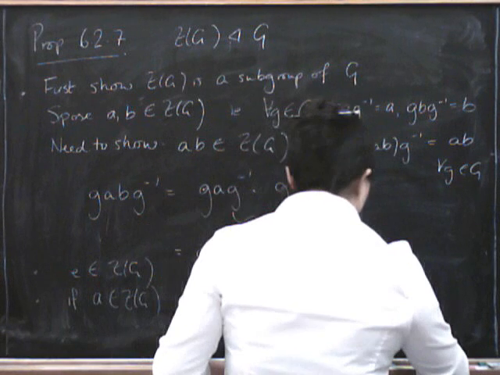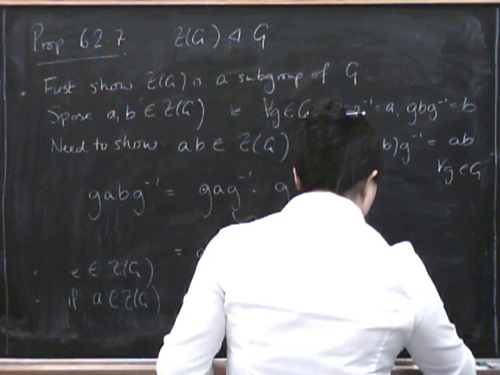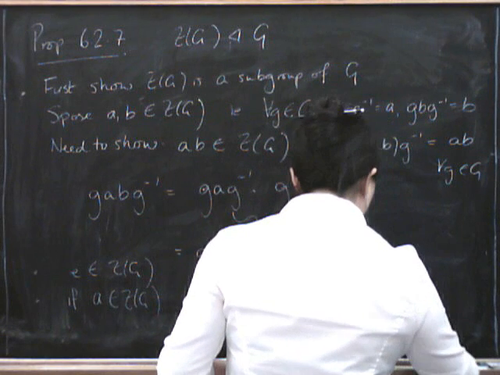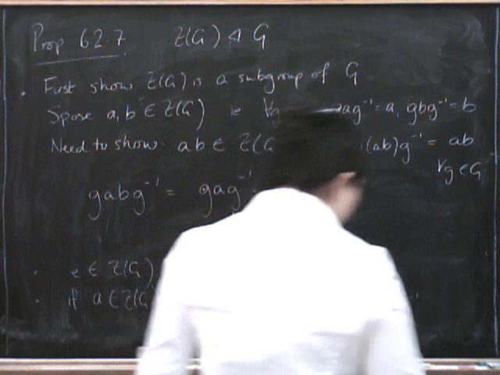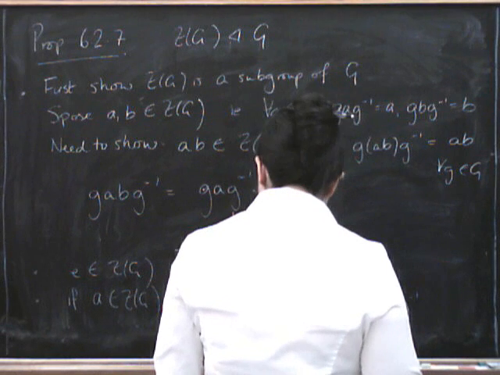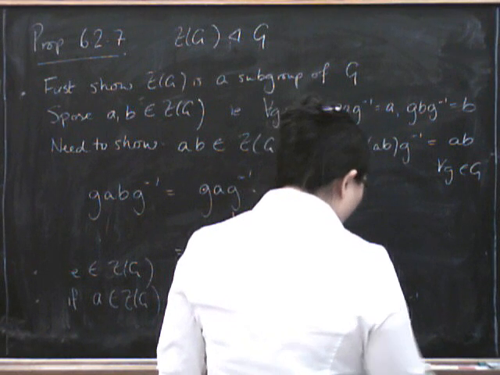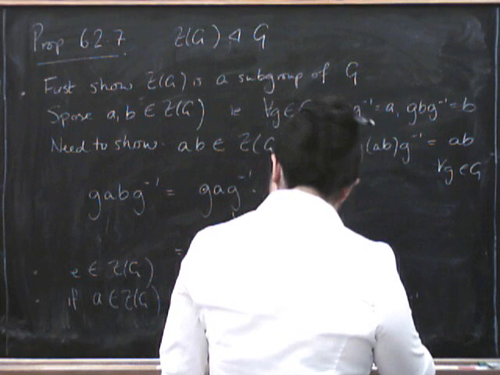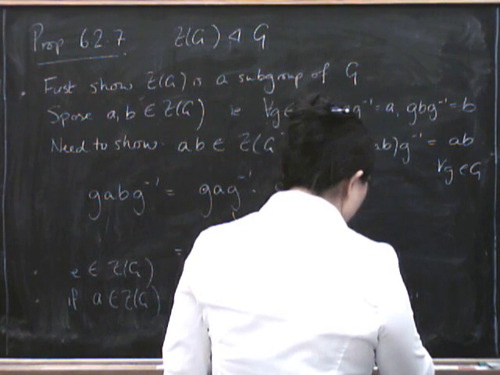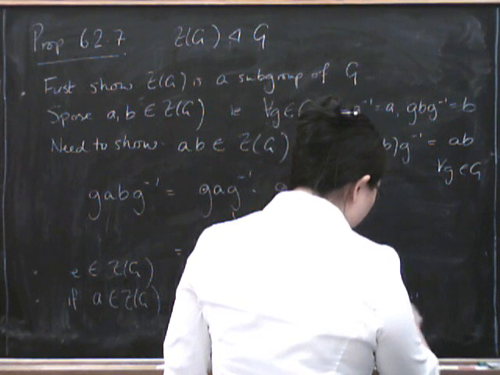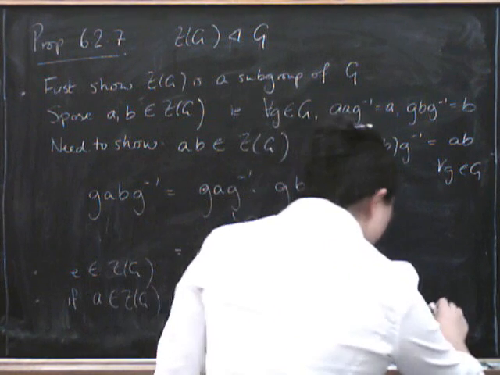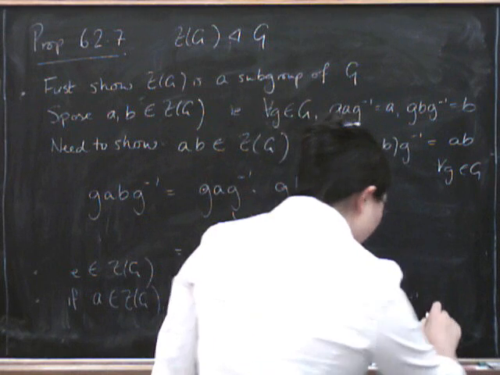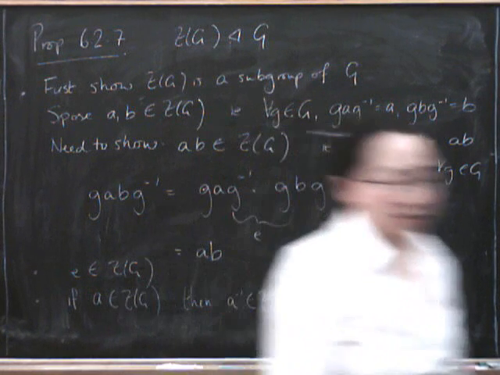Because, well, let's look at g a inverse g inverse. Why is that in the center? It's in the center because, oh no, why is it in the center? I'm going to pause for a second.